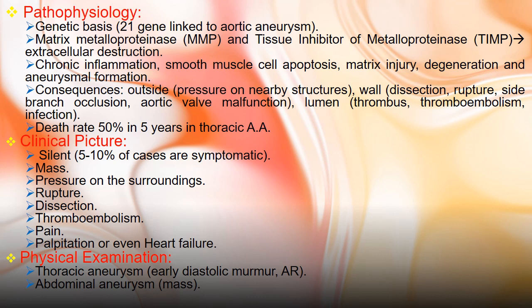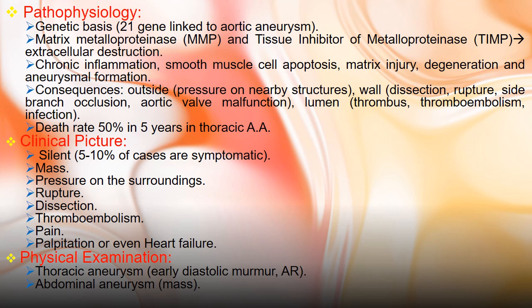The effect on the lumen, usually due to dilatation, thrombus formation, and thromboembolism, and even infection. Regarding the death rate, within 5 years, it is very high. It reaches 50%. What about the clinical picture?